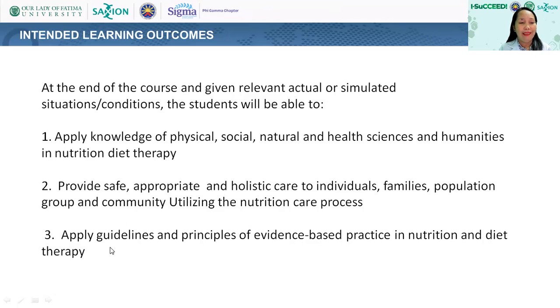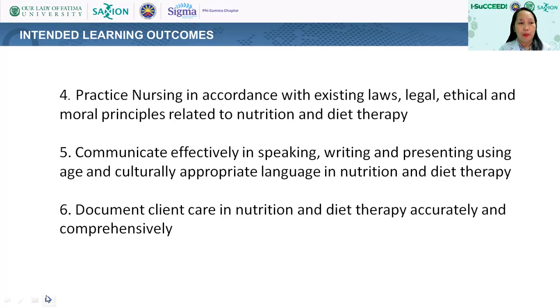To apply guidelines and principles of evidence-based practice in nutrition and diet therapy. To practice nursing in accordance with existing laws, legal, ethical, and moral principles related to nutrition and diet therapy.